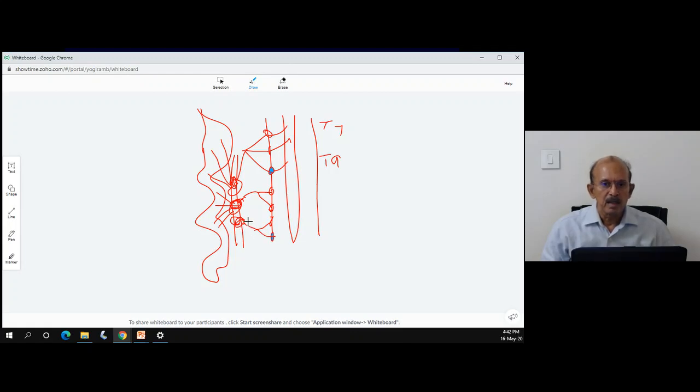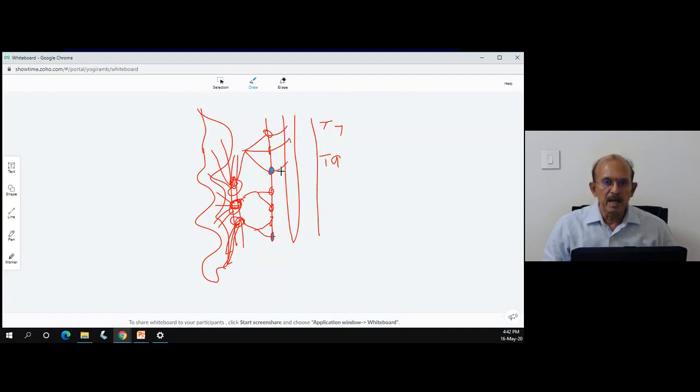Then the least splanchnic nerve goes and joins the inferior mesenteric plexus. From there, the fibers go to the gut supplied by the inferior mesenteric artery, namely the descending colon, sigmoid colon, and rectum.